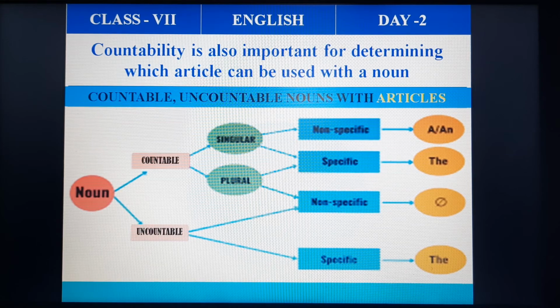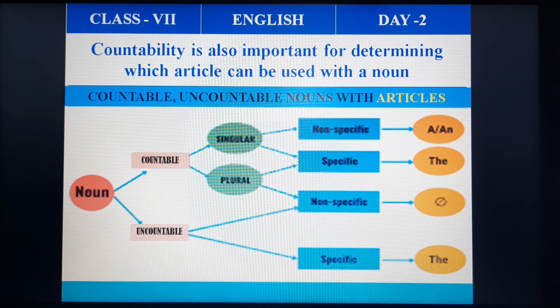So children, knowing the countability of a noun is important for English grammar. When you form any sentence, you should know the countability of the noun. It is really important. It is important for subject-verb agreement, and it is also important to know the quantifiers and the articles that are used.